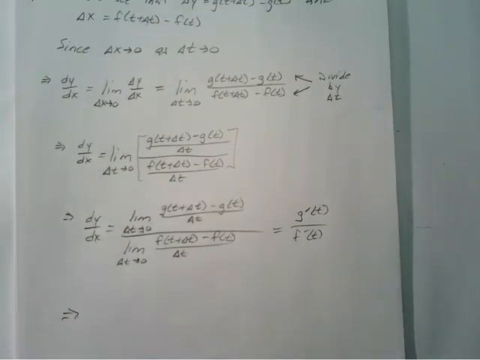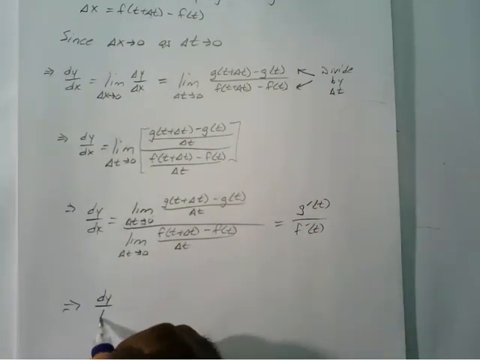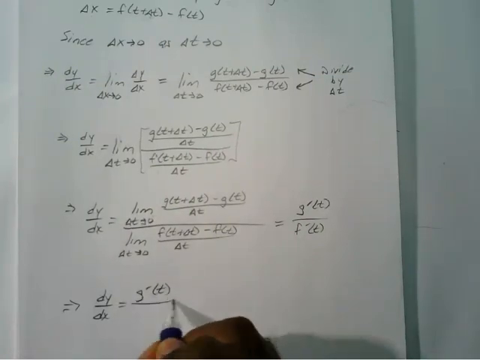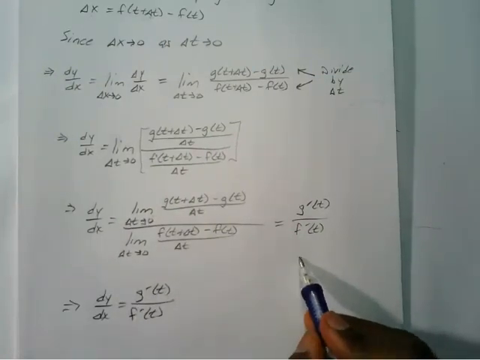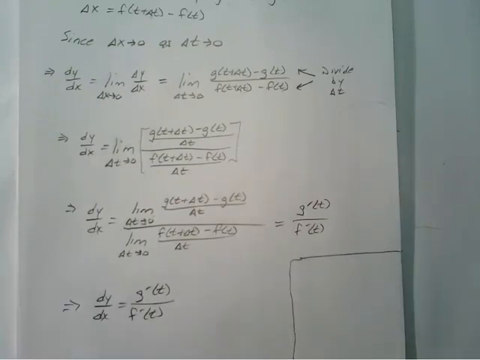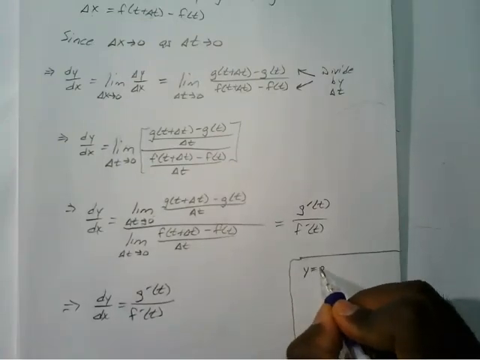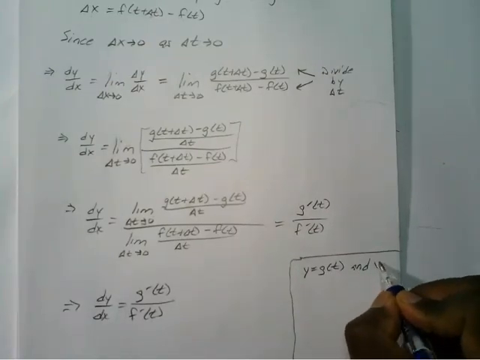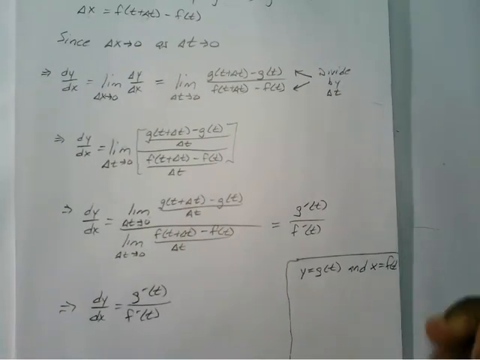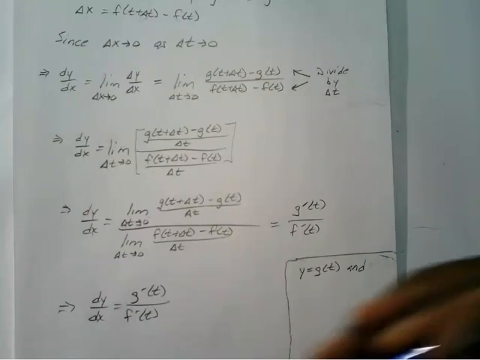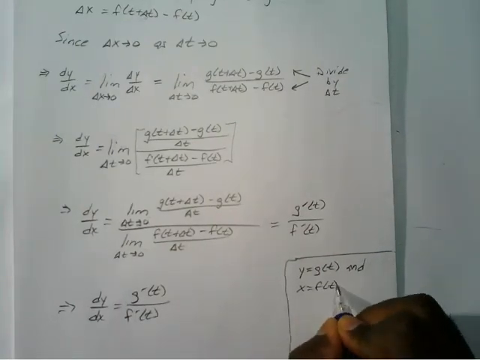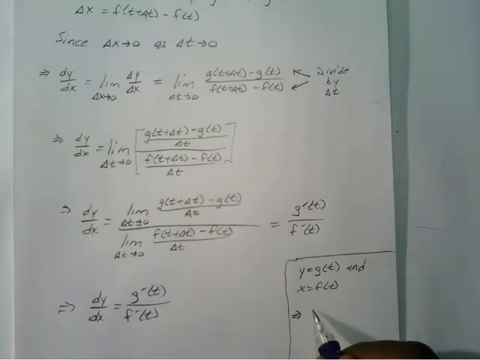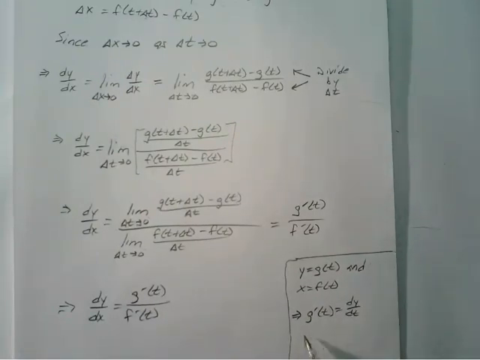Okay, so looking at this now, where we are, we have dy/dx equals g'(t) over f'(t), and just to give you an idea of where we're going from here, if you remember that since y equals g(t) and x equals f(t), and maybe I'll put that underneath since I'm out of space, that means that g'(t) is just dy/dt, and f'(t) is just dx/dt.